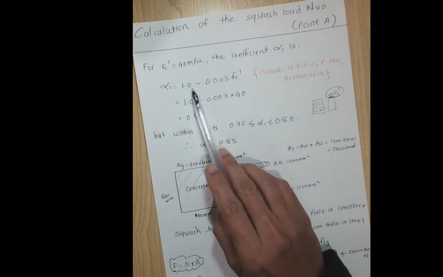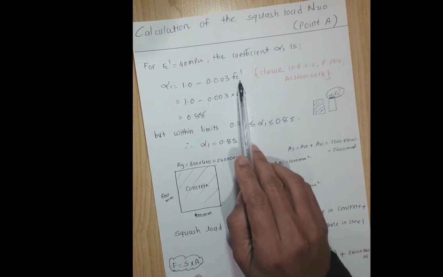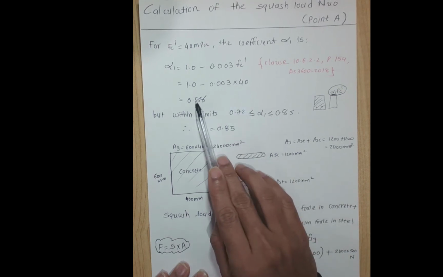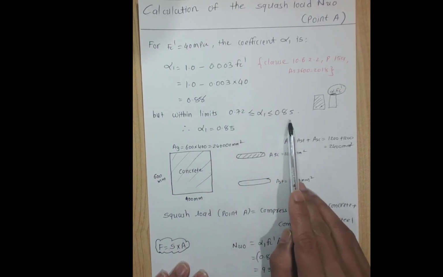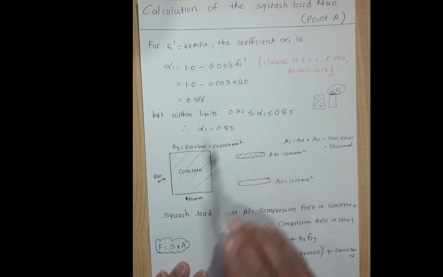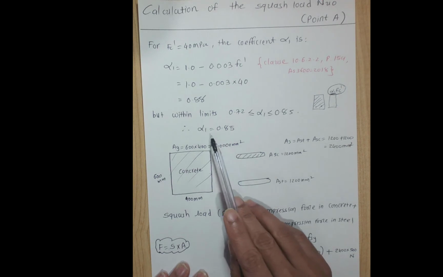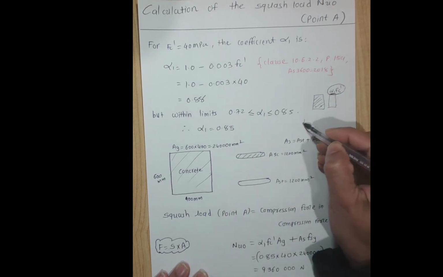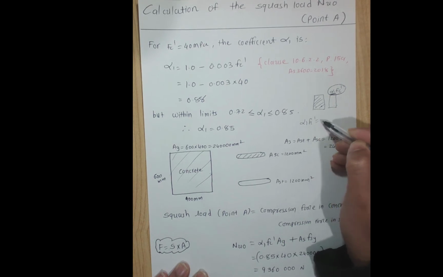So alpha 1 is equal to 1 minus 0.03 FC dash. FC dash, we substitute 40, we get 0.88. Okay, that is not good, because it should be between 0.72 and 0.85. So we take 0.85. Now my question here is that we are reducing our concrete strength, which is alpha 1 FC dash, that actually becomes 0.85 times 40, right?